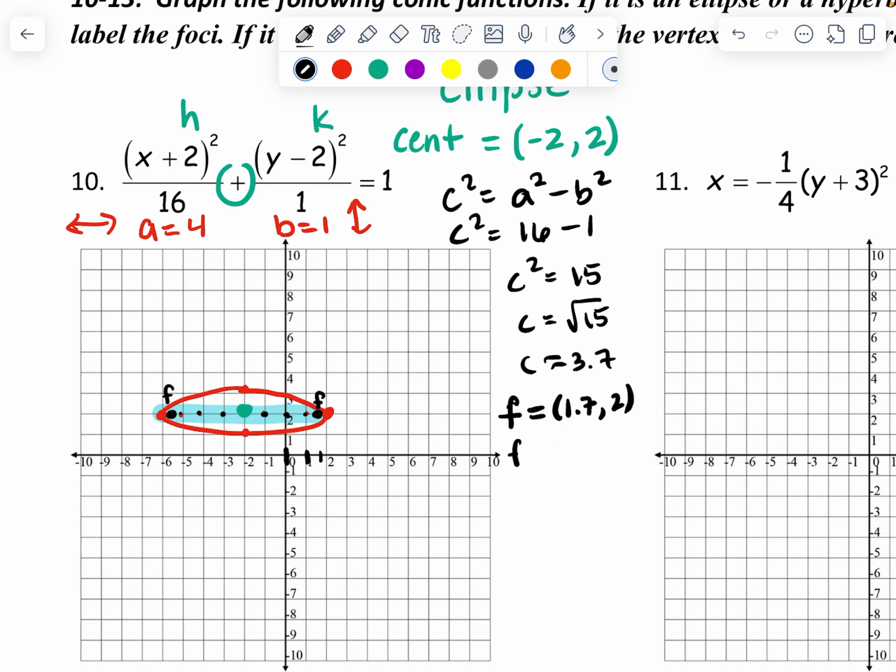Your other focal point, if you go this way, this is at -5, and then 0.7 over, so -5.7, and then up 2. You're going to have to label what those are. But again, because on the test it's a nice whole number, it should not be an issue.